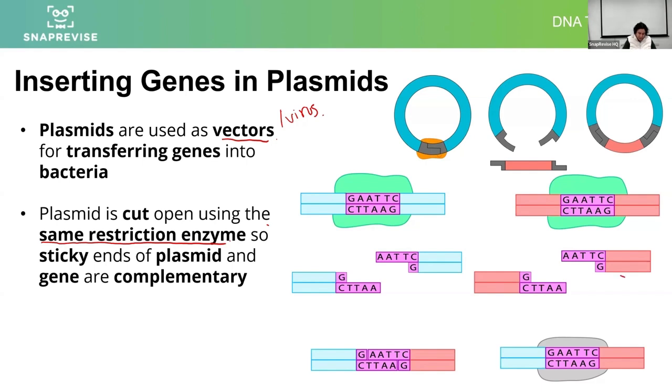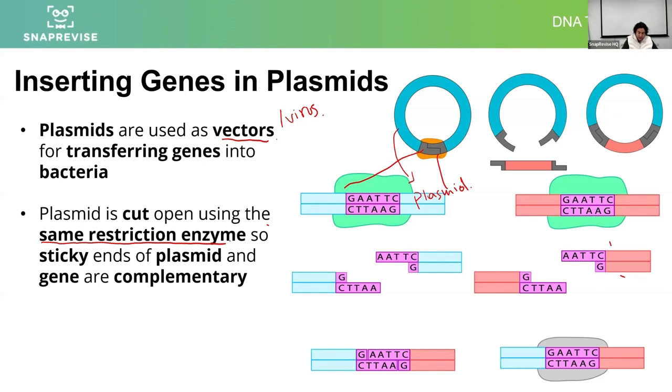Here in blue is my gene of interest, and this is a little zoom in of the region of my plasmid. My plasmid will also happen to have recognition sequences for the same restriction enzyme, because as we said, these recognition sequences are really common across DNA.